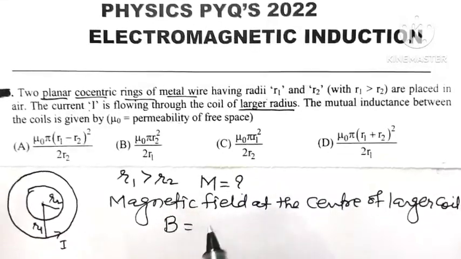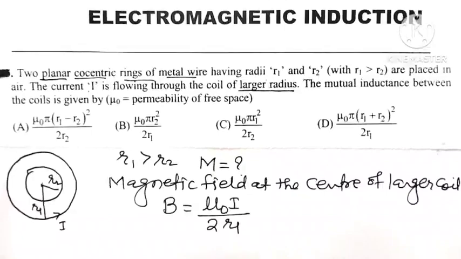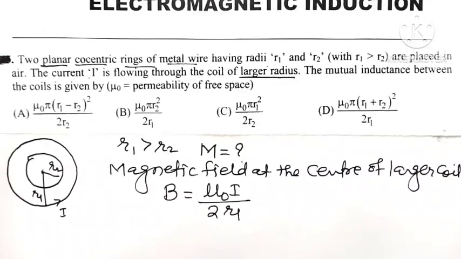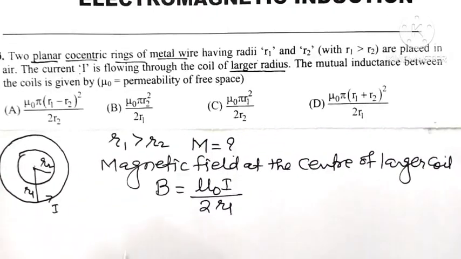It is given by the formula B equal to mu 0 I divided by 2r1. Now the magnetic flux linked with the smaller coil, because this magnetic field is associated with the smaller coil also.